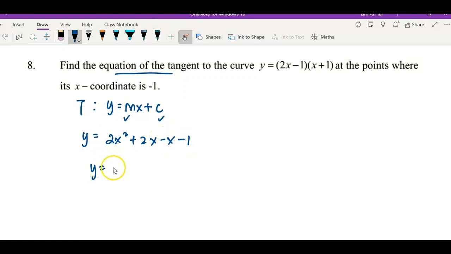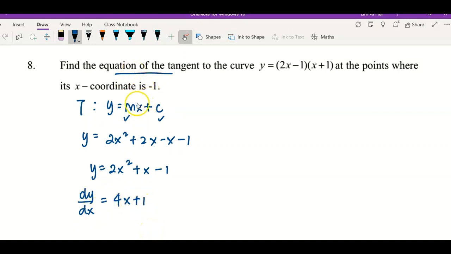You get y equals 2x squared plus x minus 1. This is your quadratic curve function. Now I'm going to get dy/dx in order to get my m. So I have dy/dx as 4x plus 1.